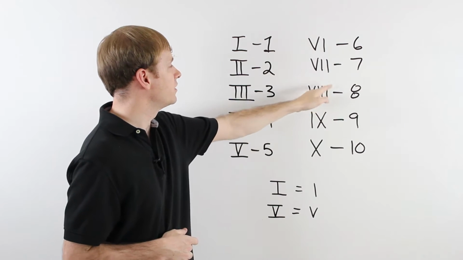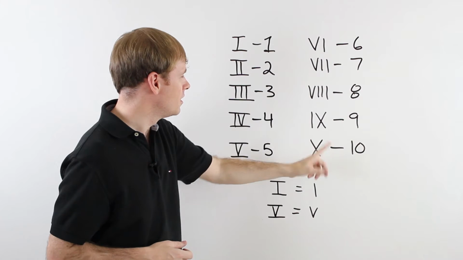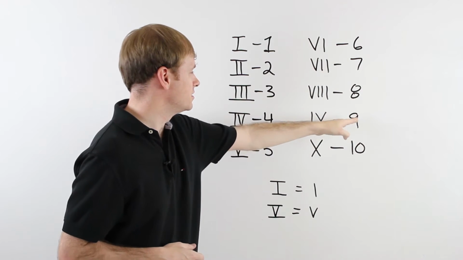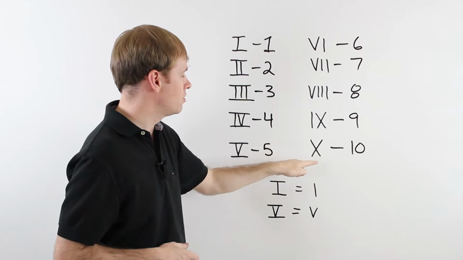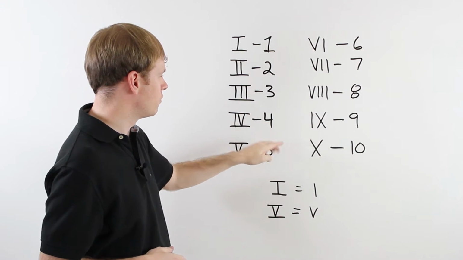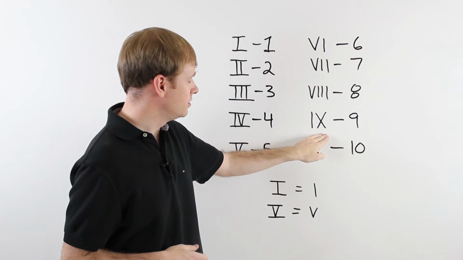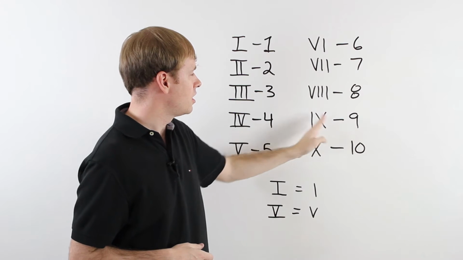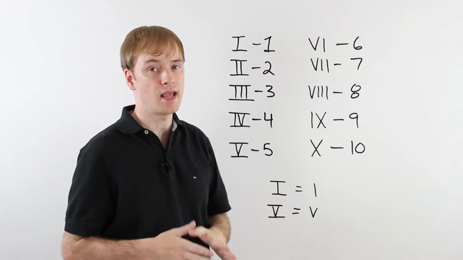So 5, 6, 7, 8. All right, and then it gets complicated again. IX is 9. Okay, so X is 10. Like 4, 1 before 5 is 4. One number before 10 is 9. IX, that means 9. And of course, 10 is X.